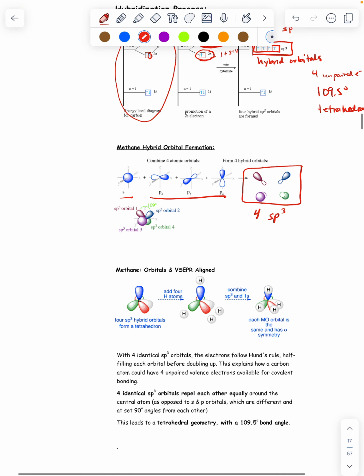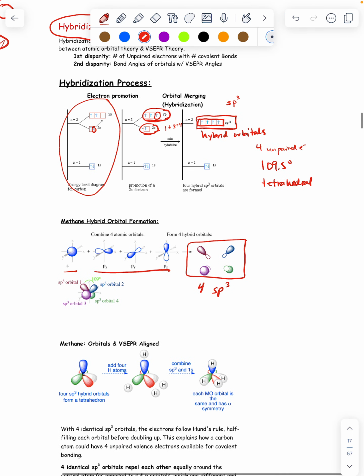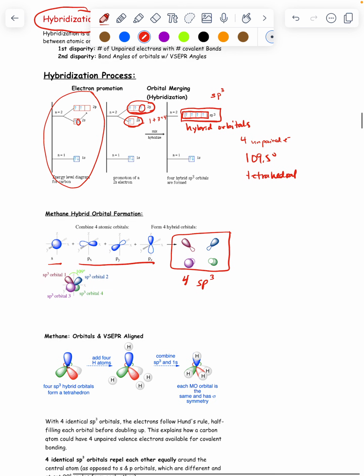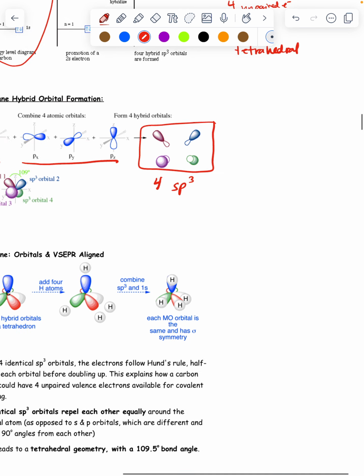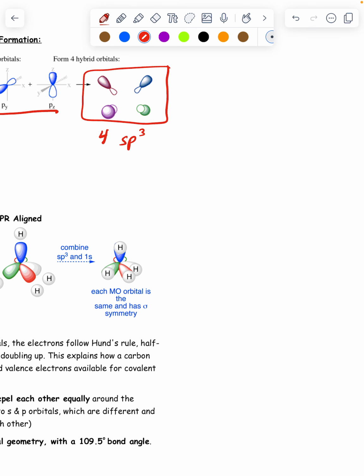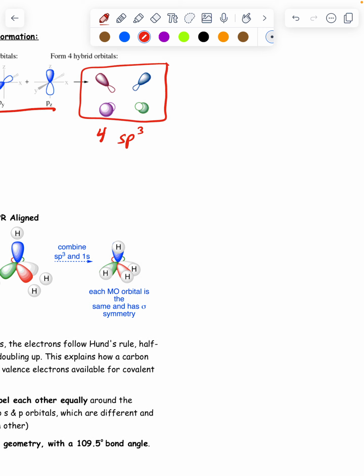Now, that all sounds incredibly complicated, right? It really seems like a lot, but actually what you get asked to do on the IB exam is fairly straightforward. The most common thing that you get asked to do is to identify the type of hybridization that exists in something. And really all you have to do is learn to associate a type of hybridization with an electron domain geometry.